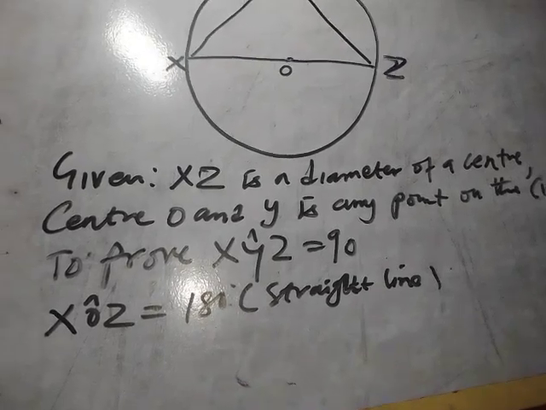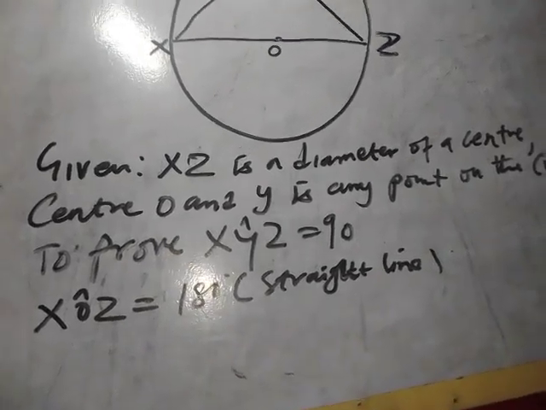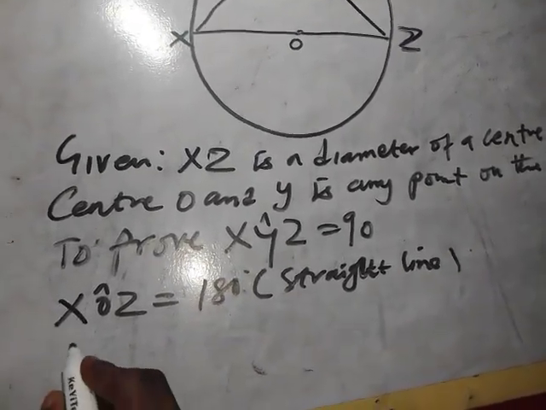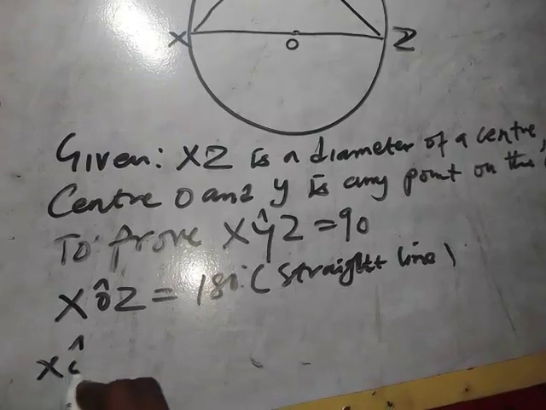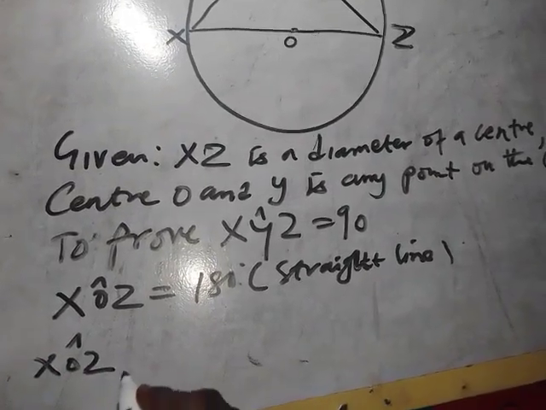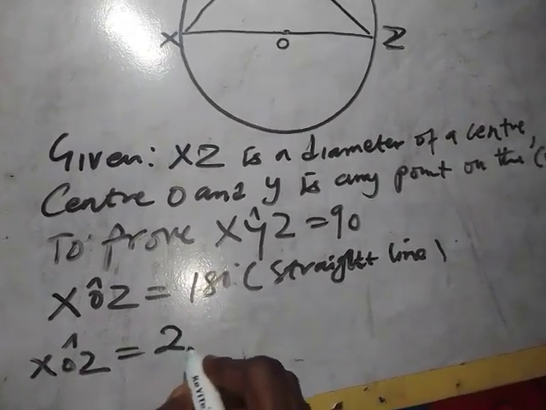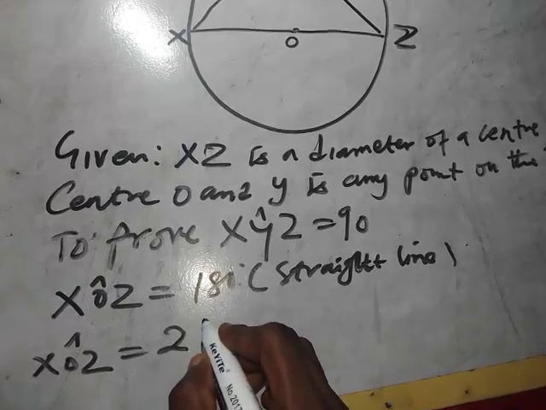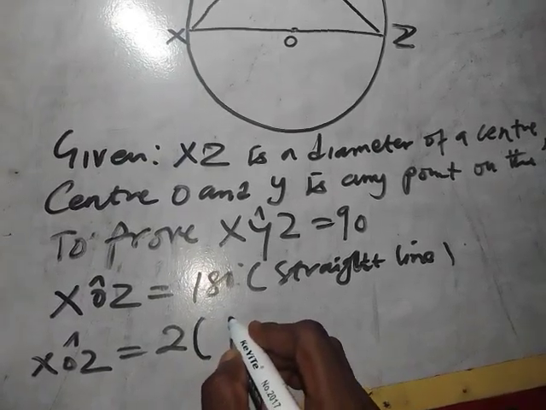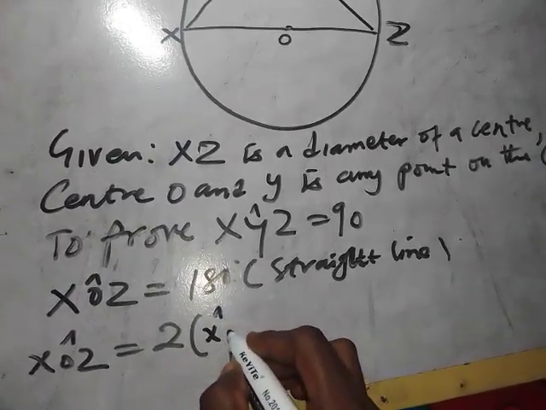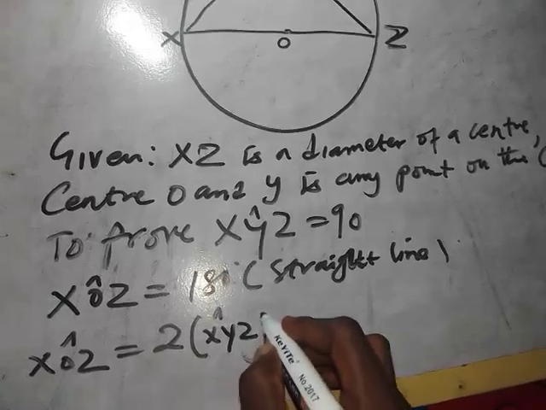Now, do you know that angle XOZ is equal to 2 times the angle at the circumference, that is angle XYZ?